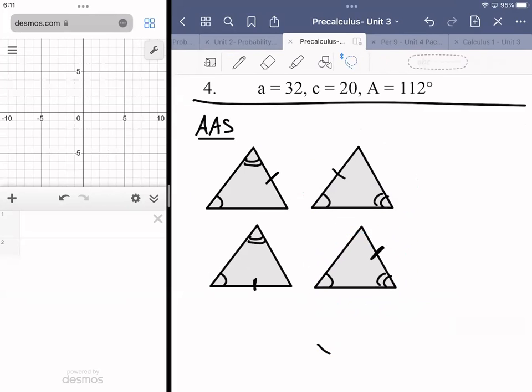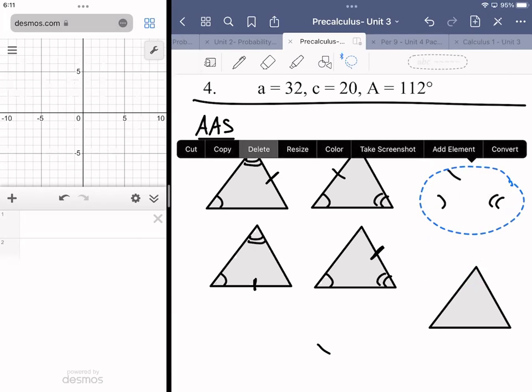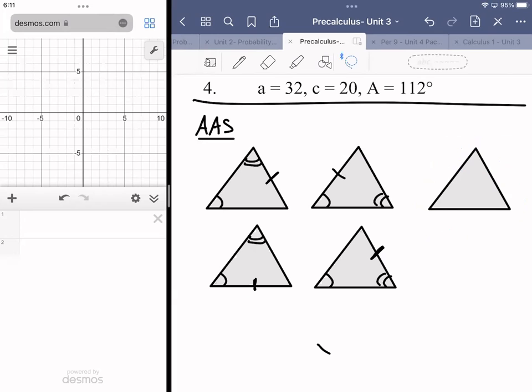But if you know what one instance of angle, angle, side looks like, then you can reason out what all the remaining possibilities would look like. All right. So like I said, you can place your angles and sides wherever it makes sense. And then I guess one additional possibility would be maybe you know this angle and this angle, in which case you might identify this as the remaining, or the non-included, side.